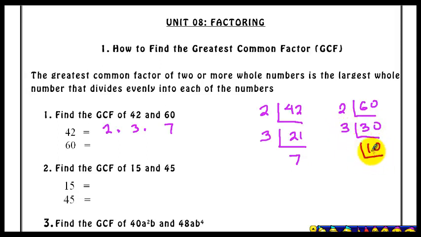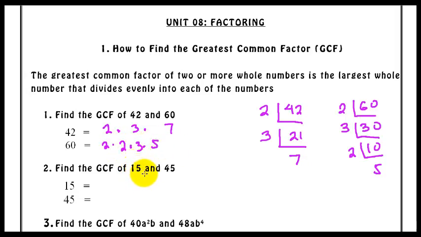The smallest prime number that can divide 10 is 2. 10 divided by 2 is 5. Since 5 is a prime number, we are done. So the prime factorization of 60 is 2 times 2 times 3 times 5.